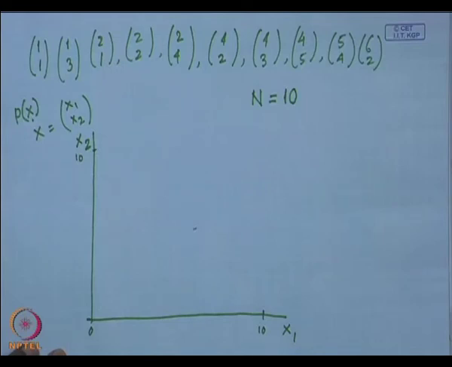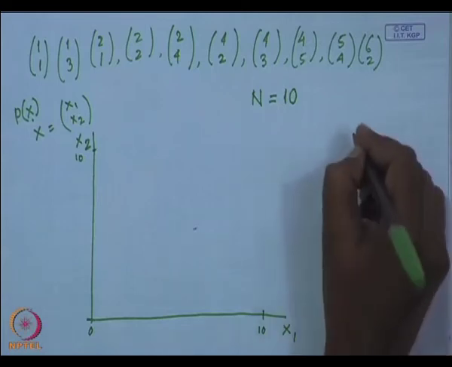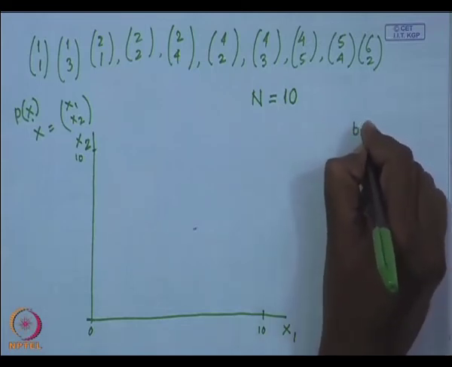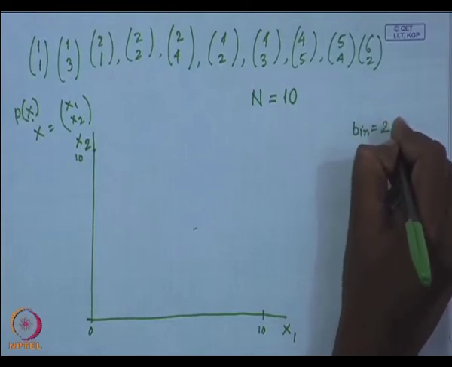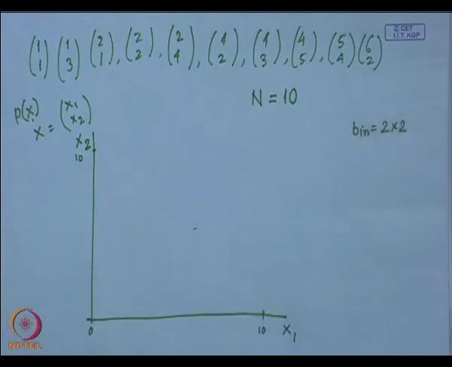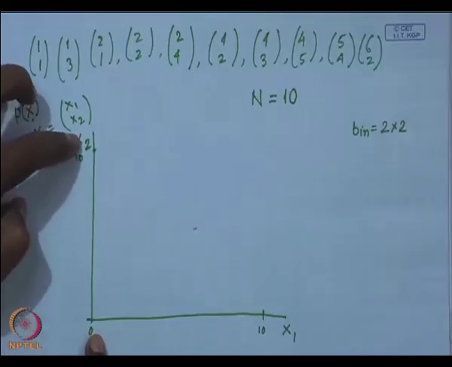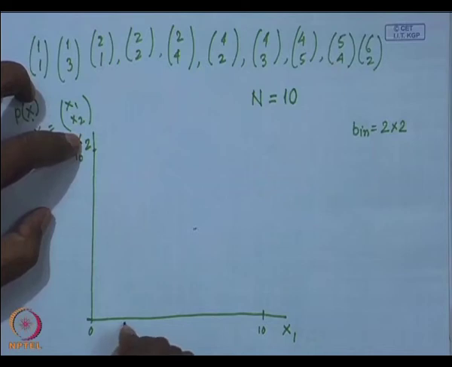Right. And now, let us say that we have the bins, and every bin is of size 2 by 2. So, x 1 will be divided into 5 bins, each of length 2, and x 2 will also be divided into 5 bins, each of length 2. Suppose these are the bins.